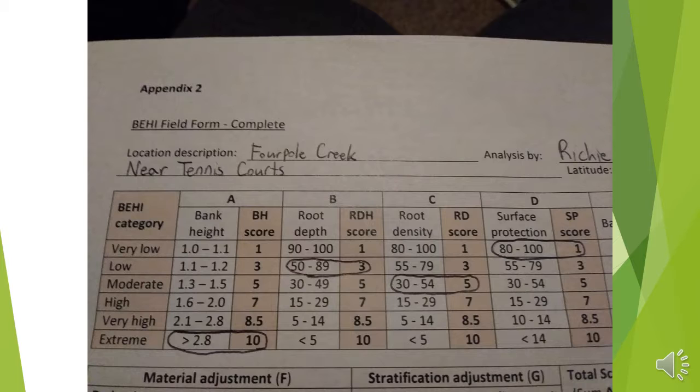This is the first of the BEHI field form, using a rough estimate of the bank height being greater than 2.8, the root depth being approximately 50 to 89, the root density being 30 to 54, and the surface protection being roughly about 80 to 100 for the vegetation growth.